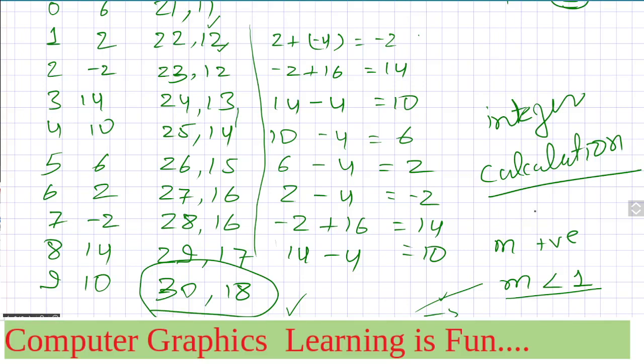If the slope is like this, then we will not increase x, we will increase y by 1 unit, and we will find the value of x. That is the thing. Similarly, these are the few things that you have to do in Bresenham's line drawing algorithm.